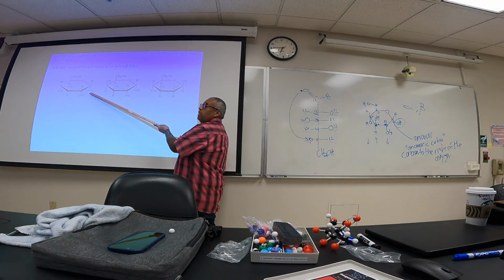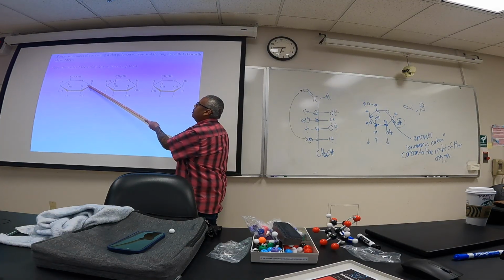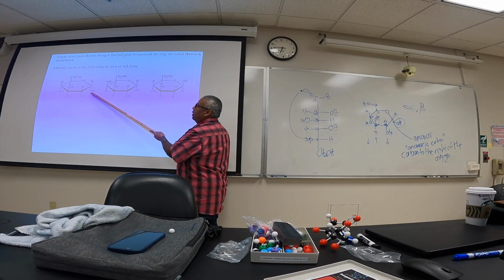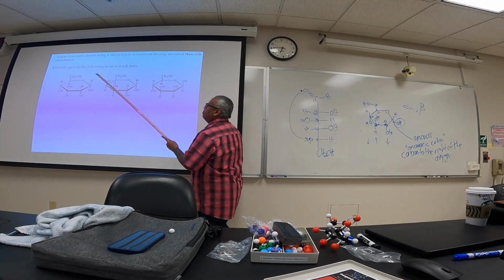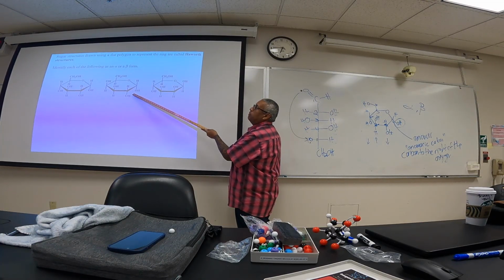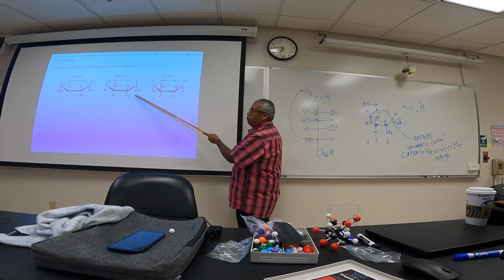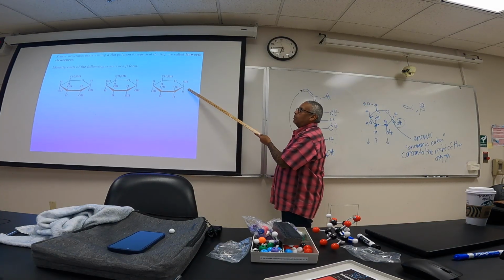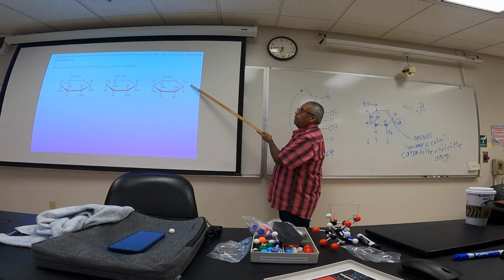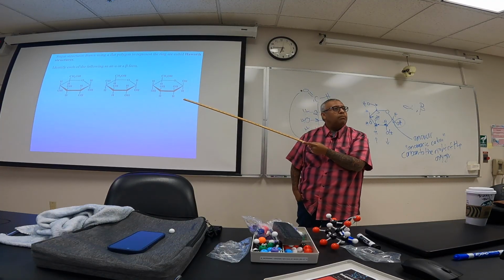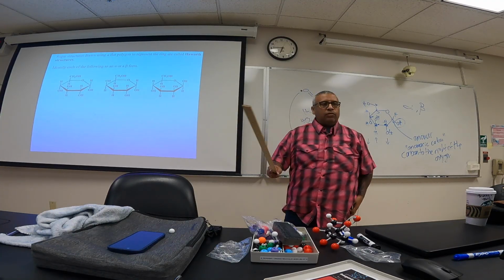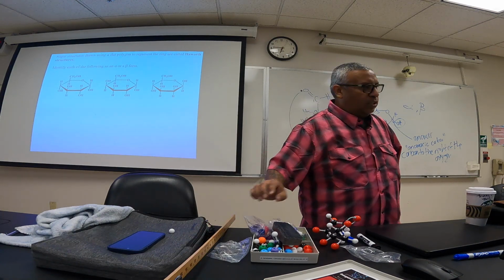Alpha, because the hydroxide's pointing down. This is my anomeric carbon, the carbon to the right of the oxygen. Hydroxide pointing down is alpha. Is this alpha or beta? Alpha, because it's pointing down. Is this alpha or beta? Beta, because it's pointing up. So I was looking for the hydroxide group on that particular structure.